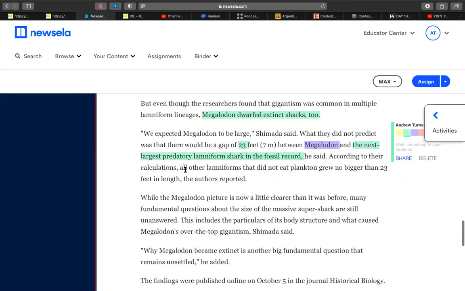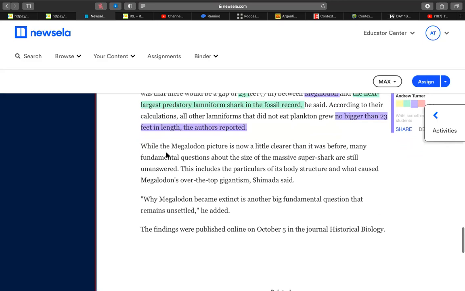According to their calculations, all other lamniforms that did not eat plankton grew no larger than 23 feet in length, which would be like your great white. While the Megalodon picture is now a little clearer than it was before, many fundamental questions about the size of the massive super sharks are still unanswered.